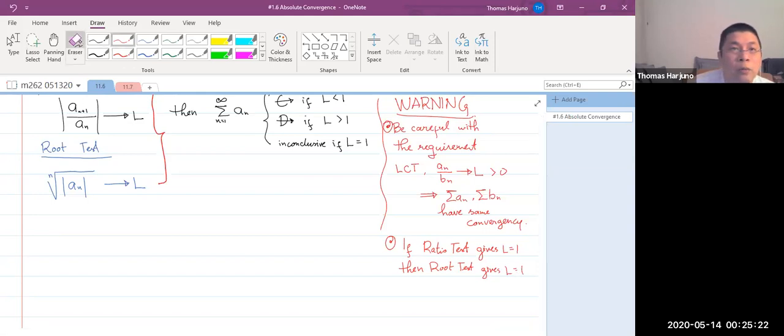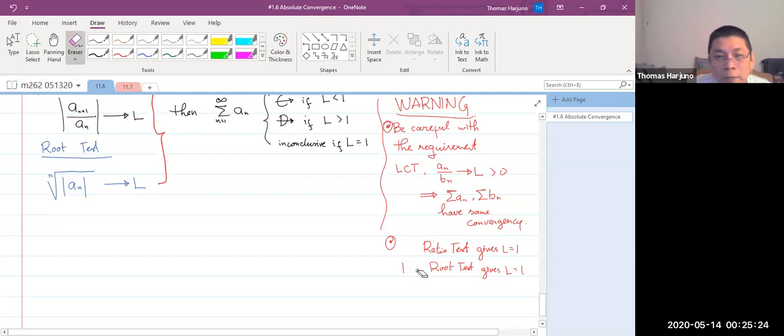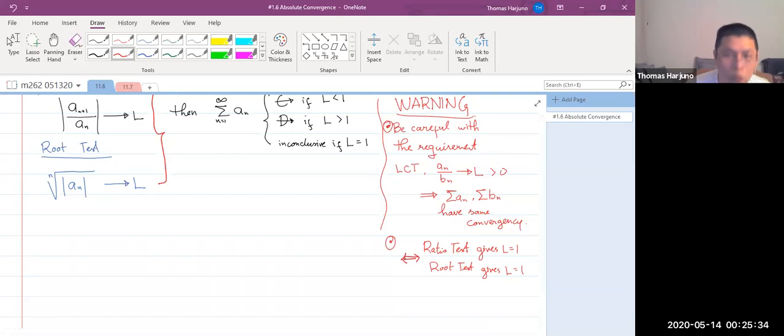In fact, it will be if and only if. So let me update this. In other words, if you use the root test and it gives you inconclusive, then the ratio test will give you inconclusive too.